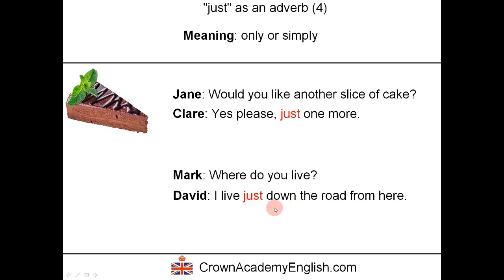Another example is, where is the post office? And if someone replies, "Oh, it's just across the road." So the fact that they say just, it tells you that it's not far. They're saying it's not far. Okay, it's only across the road.